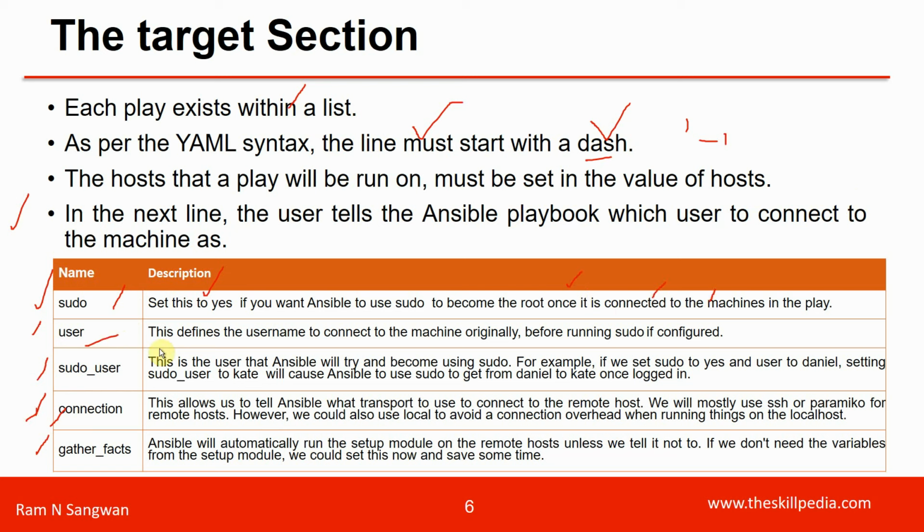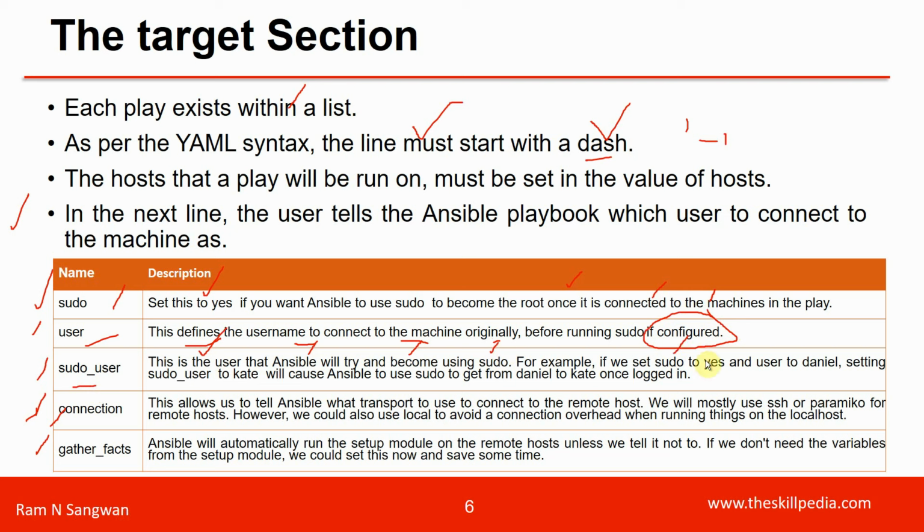If you use user, this defines the username to connect to the machine originally before running the sudo, if required, if configured. Now, where is this configuration? Don't forget that this configuration must be and should be in the ansible.cfg file. Then sudo user, this is the user that Ansible will try to become using sudo.